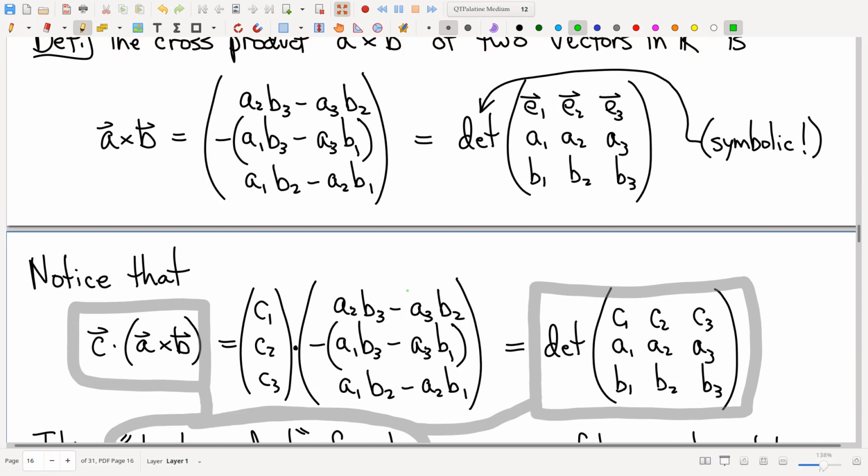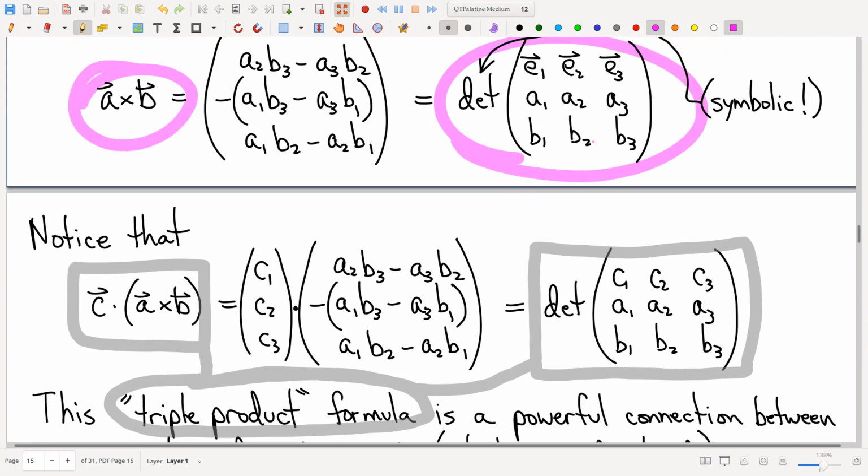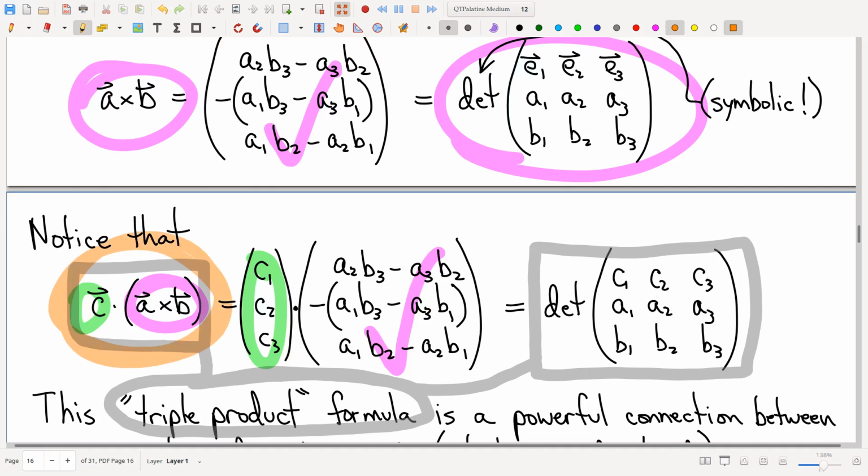Here's a really neat fact about this cross product, defined by this expression here, which of course is computed by that formula: if I were to dot it with some other three-dimensional vector, the result is that determinant right there, and that's a legit determinant, right? This is an actual matrix. Those entries are actual scalars, no problem.